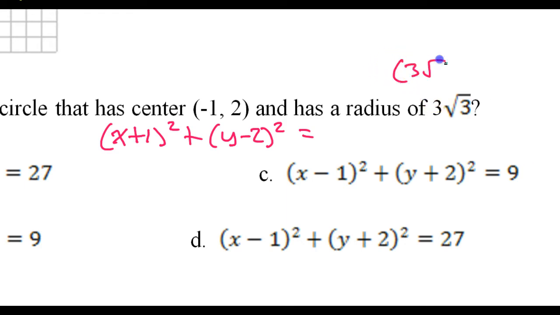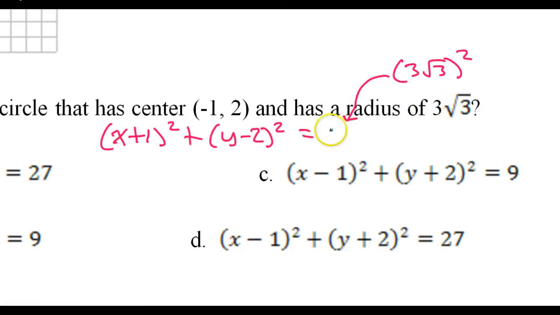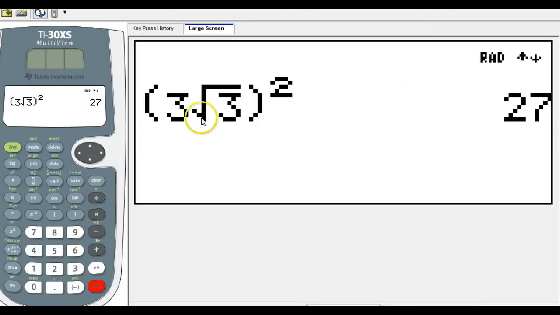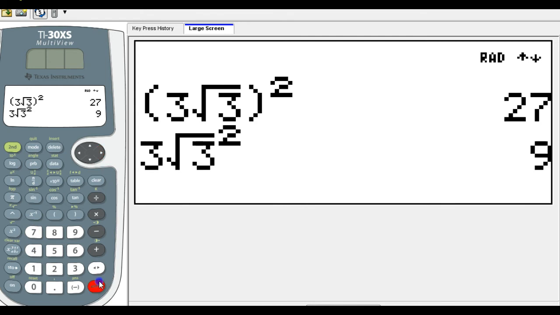If I do 3 radical 3 squared, that's what's coming next. So 3 radical 3 squared is 27. Okay, so we need a 27 right here. A common mistake is to not use parentheses. If you're going to use a calculator, you will get a different answer if you do 3 radical 3 and you square it without using parentheses.